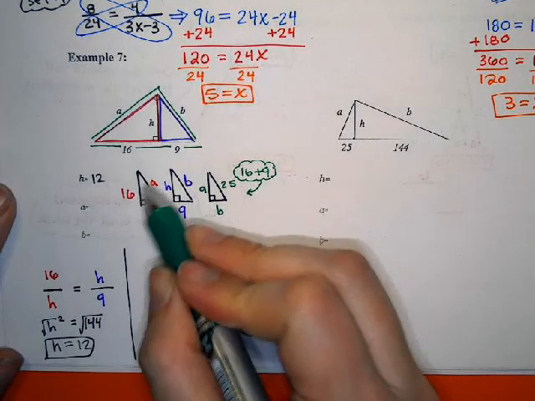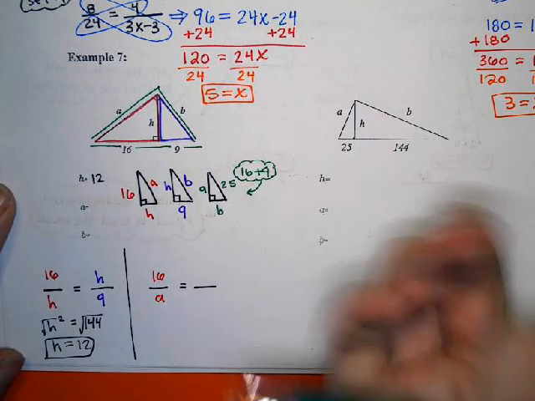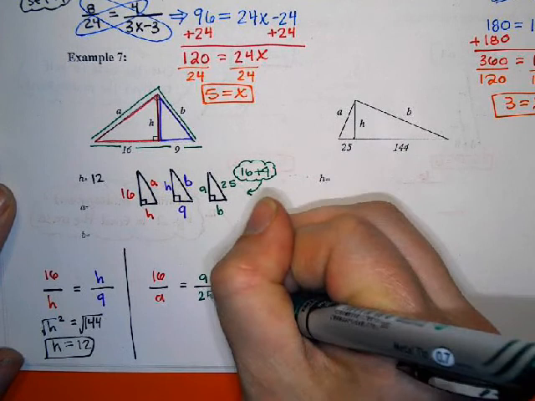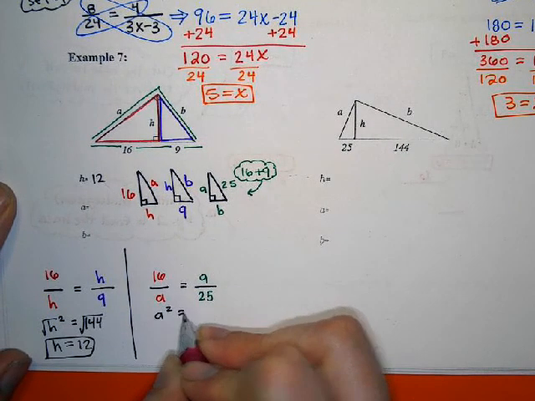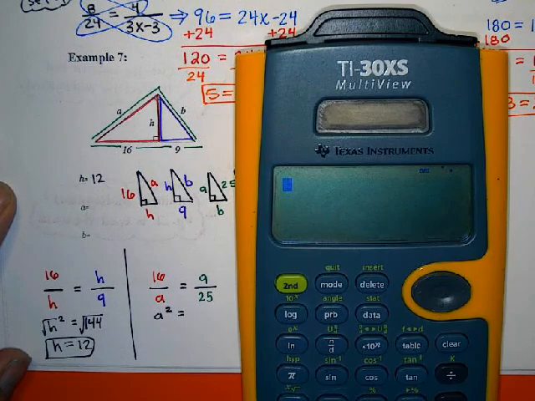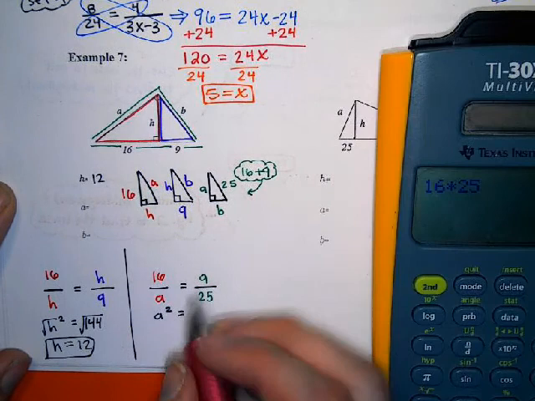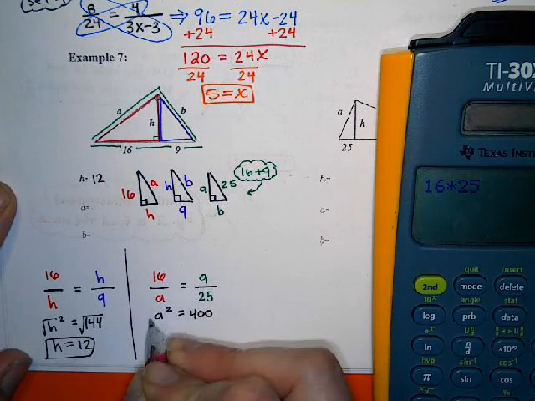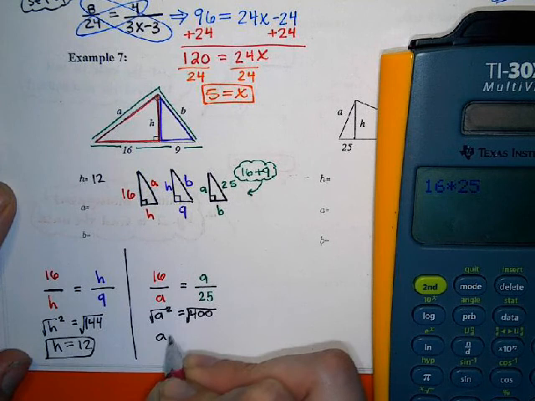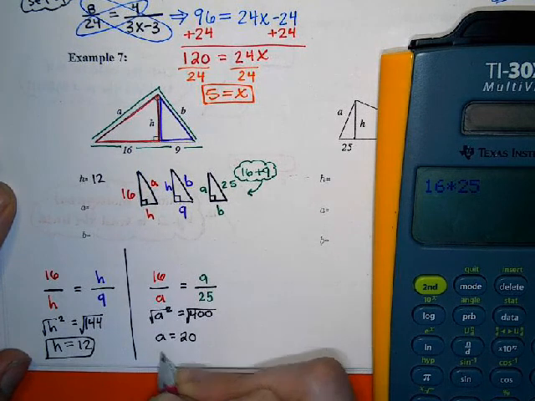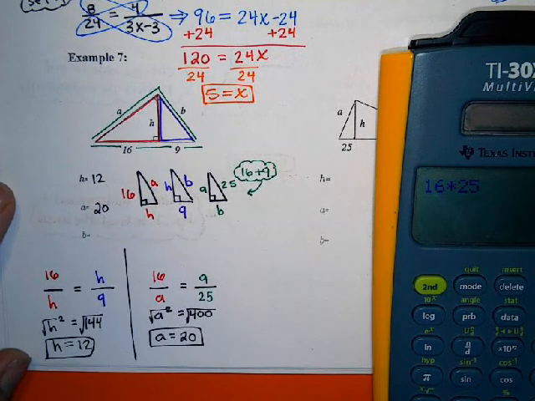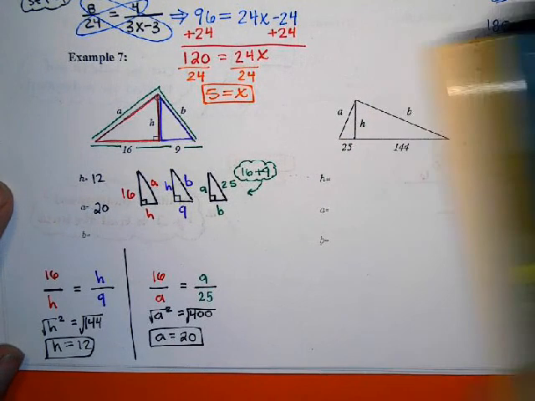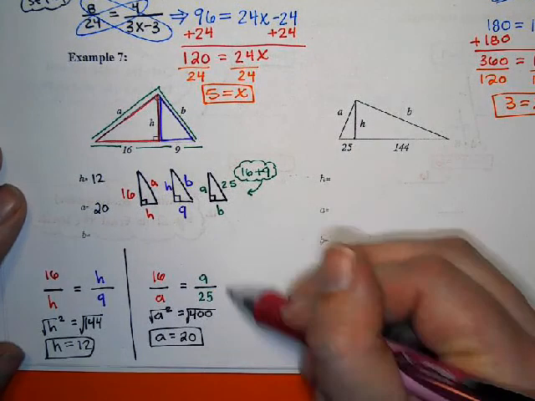So if I do 16 over the A, the green one will be A over 25. Sixteen times 25 is 400. Square root that, and it equals 20.